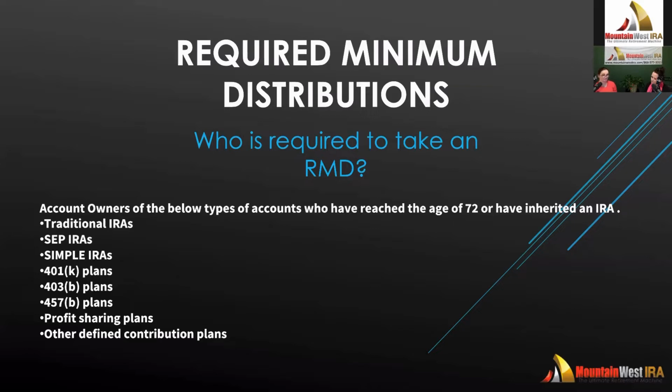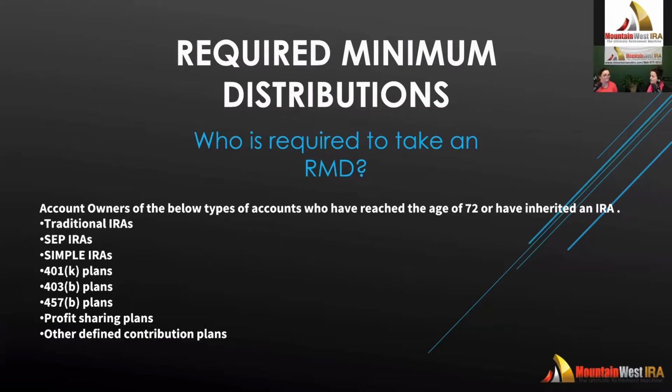That would be traditional IRAs, SEP IRAs, simple IRAs, 401k plans, 403b plans, 457b plans, profit sharing plans, and other defined contribution plans. Also with an inherited IRA, if they had a Roth account that you then inherited, even though it's a Roth and you normally wouldn't have to take required minimum distributions, once it becomes an inherited IRA, you do have to take them.